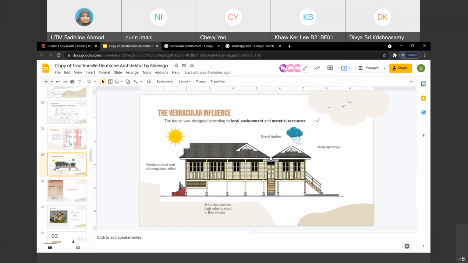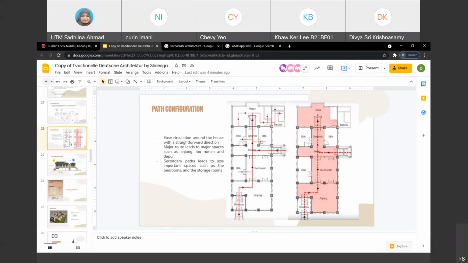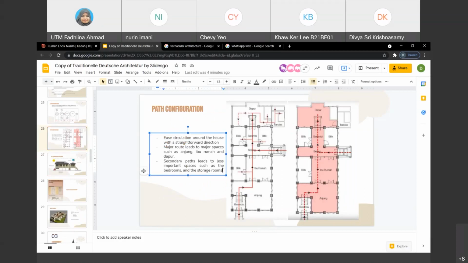So, how about the zoning, Divya? Zoning. Like I said before, the homeowners and the guests, which part is public, which part is semi-public? Doctor, can I make it a part of hierarchy?